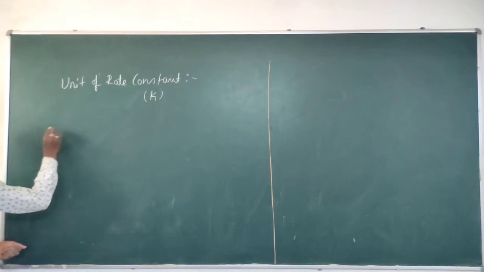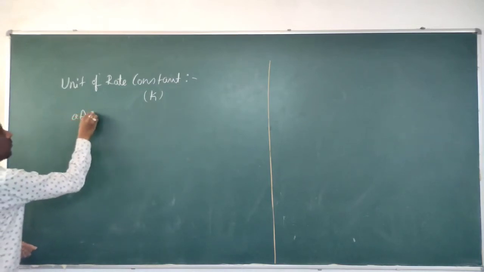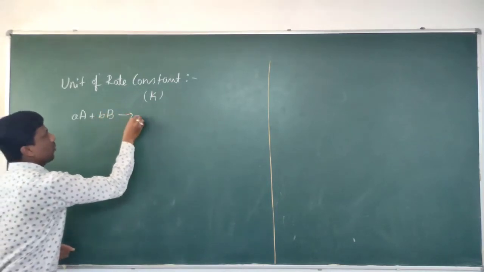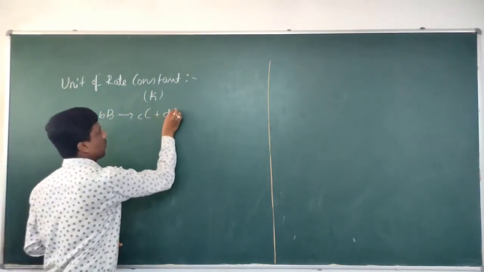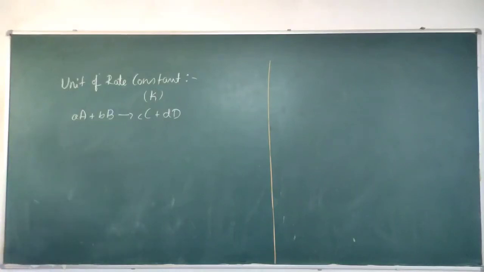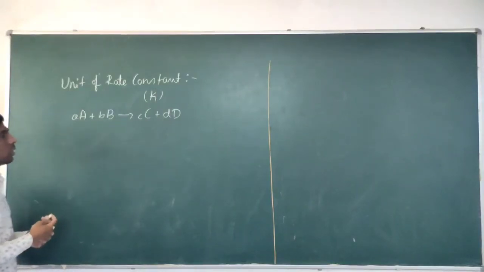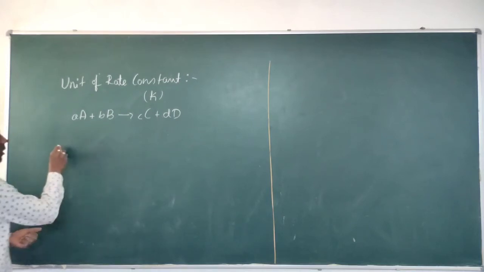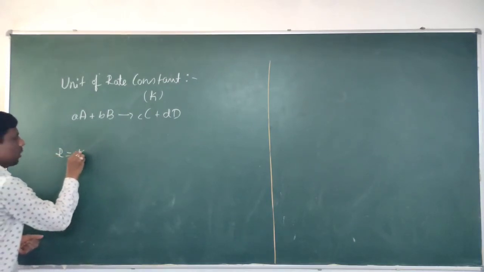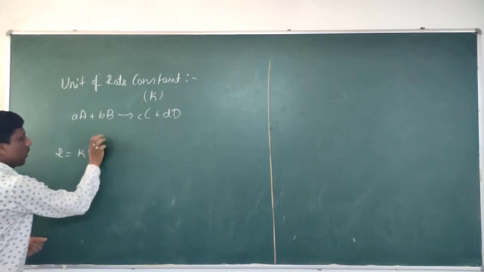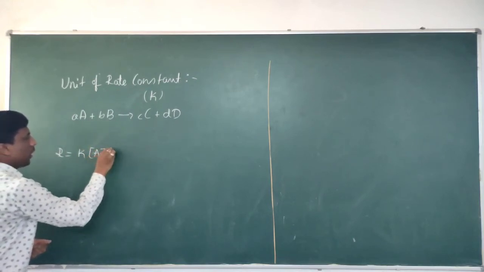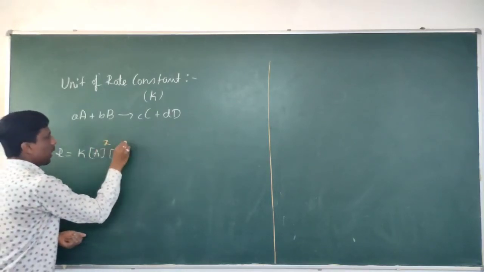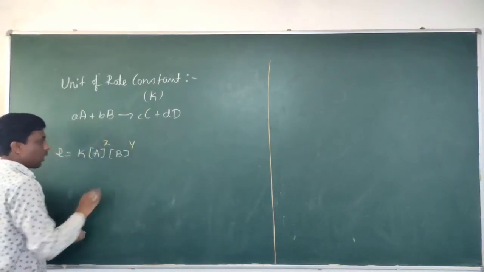Okay. For a general reaction, consider this general reaction. How can rate be represented for this reaction? R is equal to K into molar concentration of A and molar concentration of B raised to power X and Y. Okay.